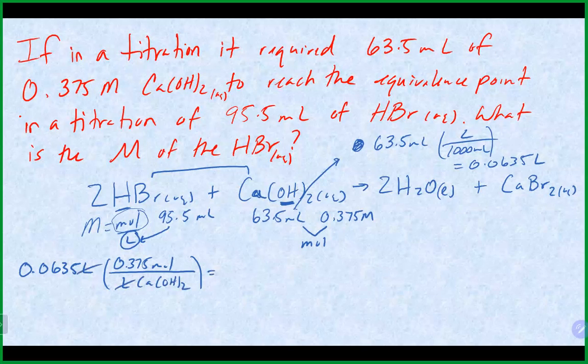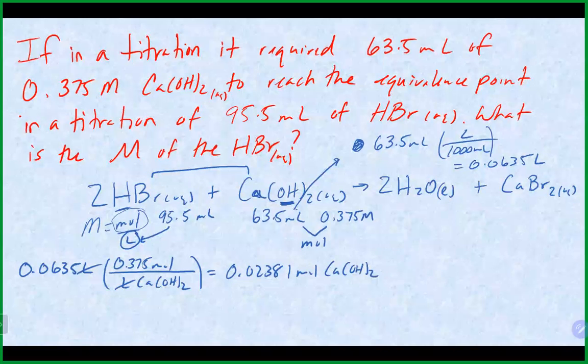Liters cancel, gets us 0.0635 times 0.375, 0.0238 and some more digits, moles of calcium hydroxide.